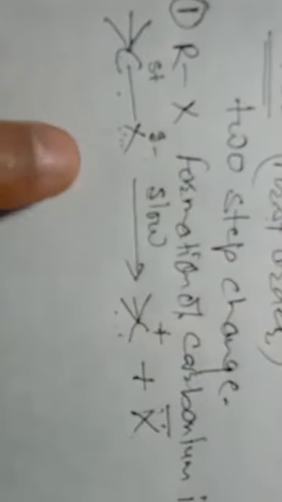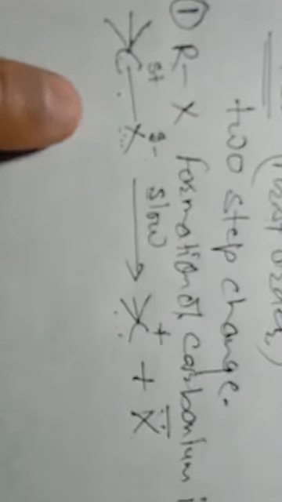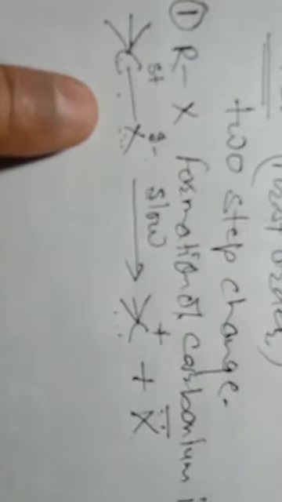This conversion from alkyl halide to carbonium ion is a slow step, and we know that if any chemical change takes place in more than one step, then the slowest step is known as the rate determining step.